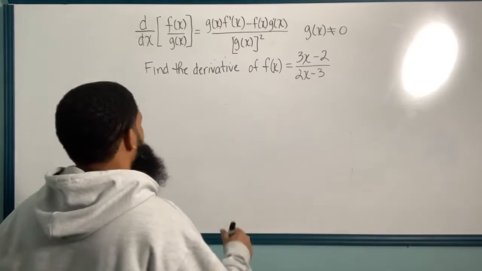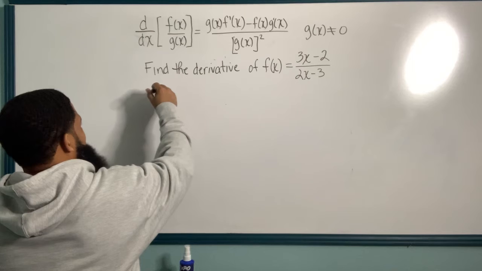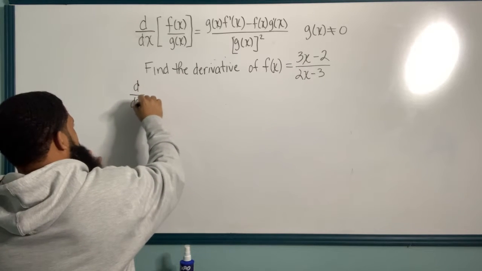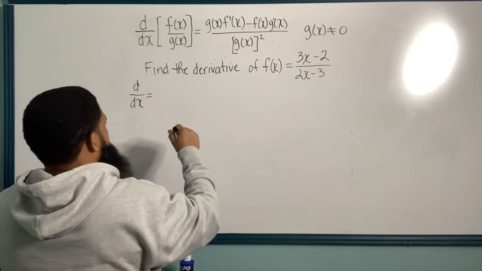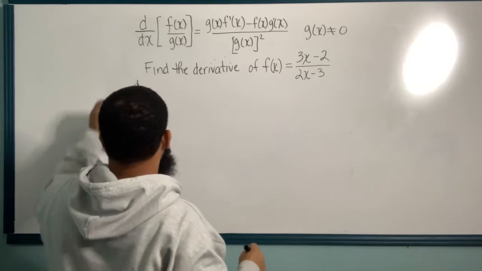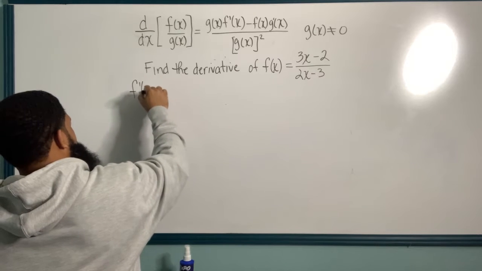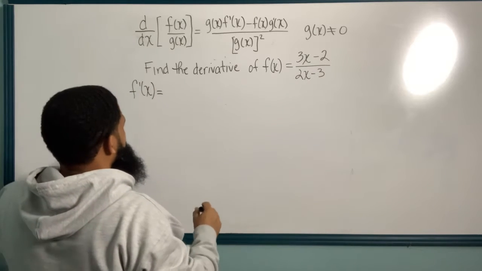Here we go. So I want to do g of x, which is the denominator. All right, let's do f prime of x. F prime of x equals, so let's go.